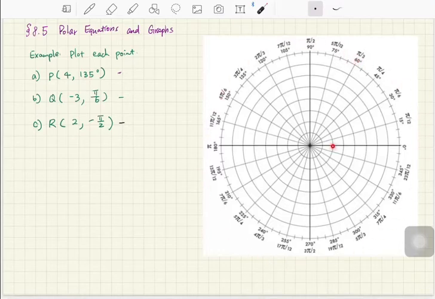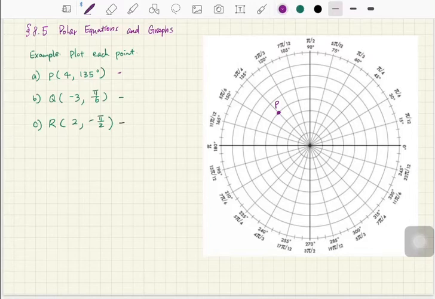So angle 135 is going to be here. So P is going to be (4, 135). So that's the point P.